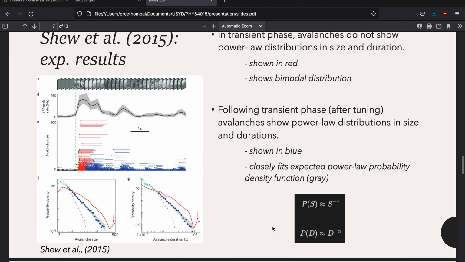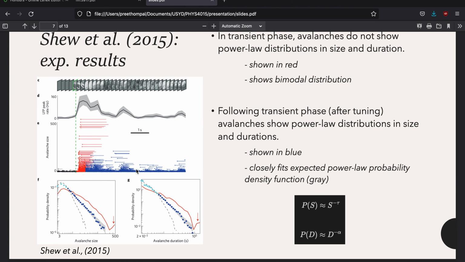And then this is a nice picture showing you avalanche size on the y-axis. So these are very large avalanches, and you can see the duration graphed here because the x-axis is time. Okay.